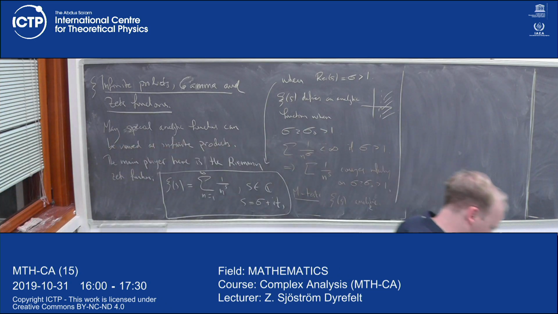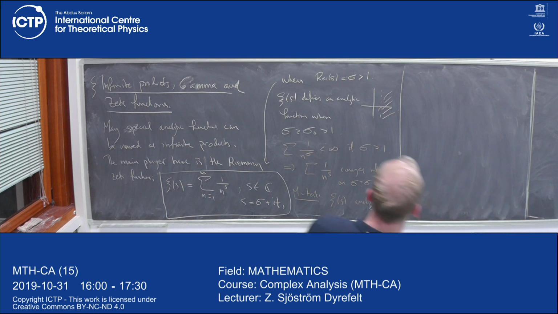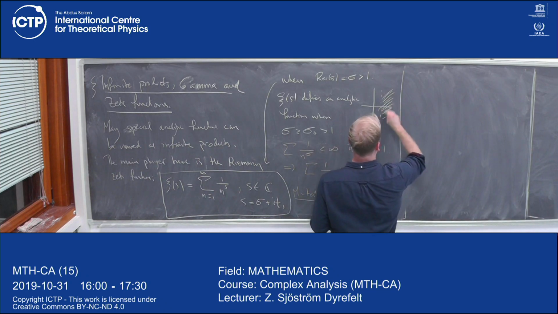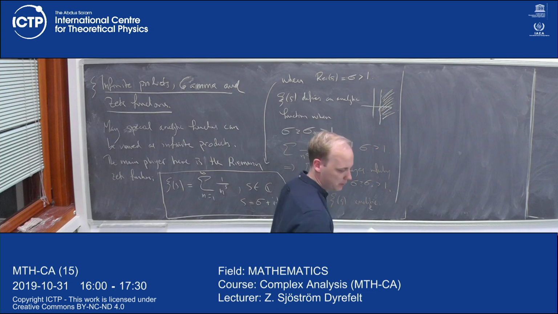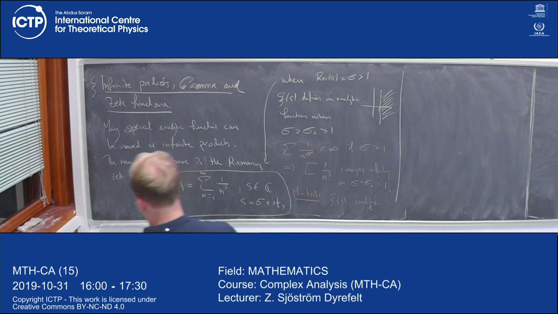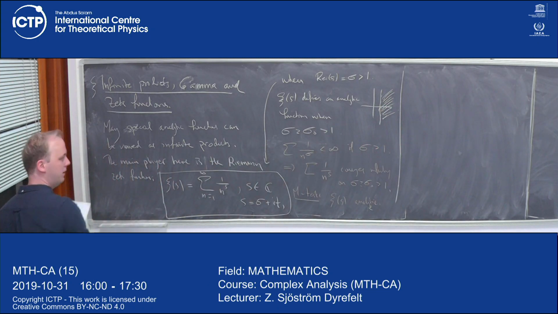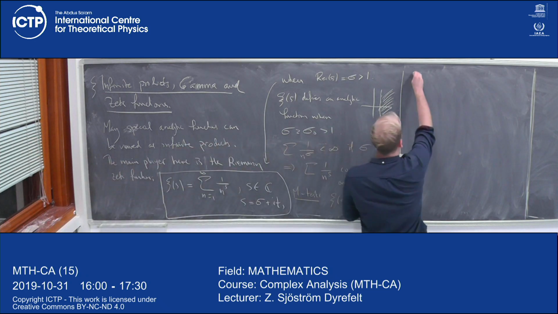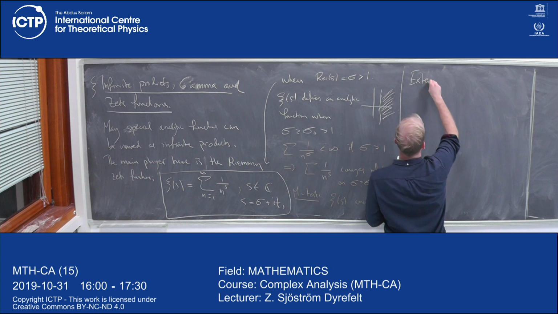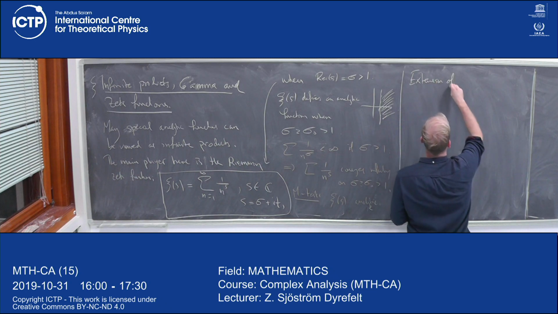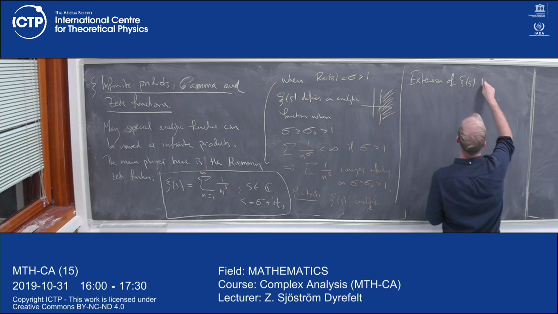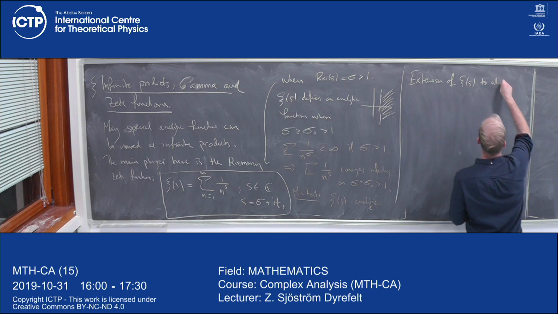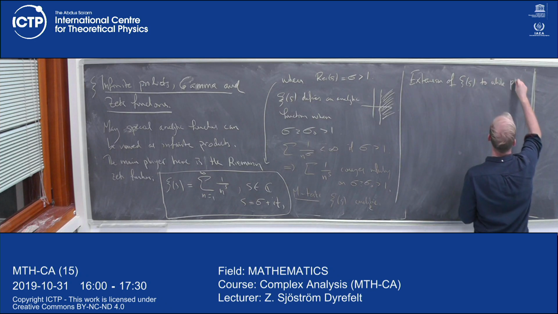So it defines an analytic function on this half plane, real part greater than or equal to 1. So this is the first part in the sketch here that I'm trying to do. But now we can actually extend this function to the whole complex plane.